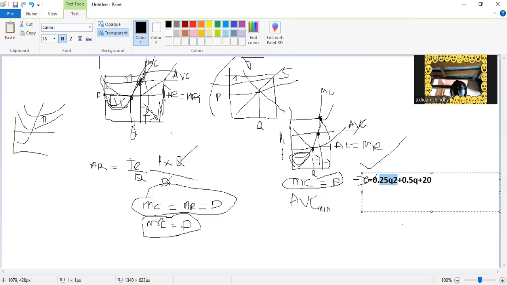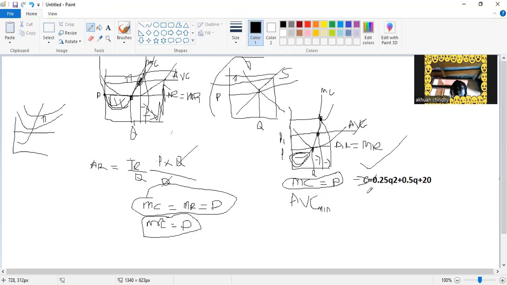So if you want to find the marginal cost, the marginal cost is the change in total cost divided by the change in quantity.